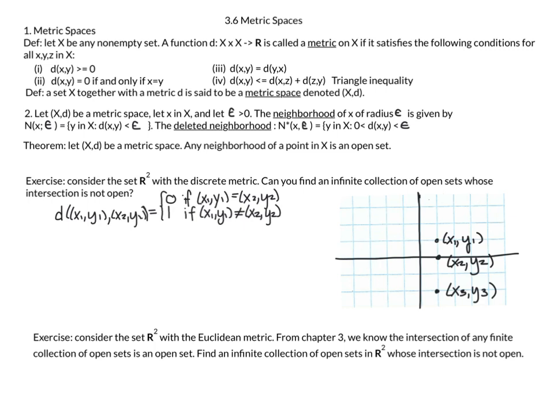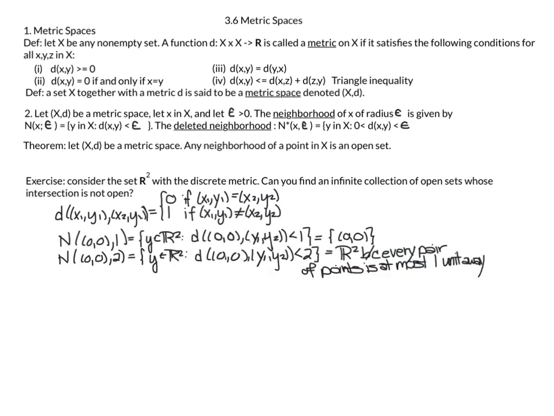So you have to be very careful with the discrete metric and use the definitions, maybe not so much your intuition, unless you have better intuition for this than I do. So here's our discrete metric, and just to look again at our neighborhoods, if we center our neighborhoods at 0, 0 and look at epsilon equal to 1, we want all the points y1, y2 in R2 whose distance from 0, 0 is less than 1.